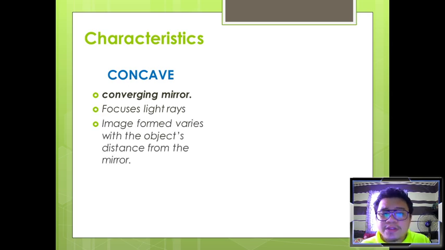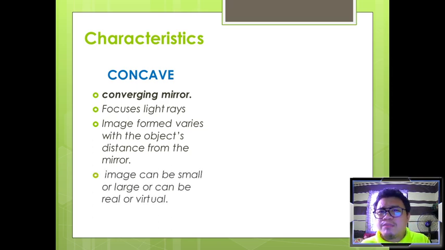Because of this, the image formed in this type of mirror varies depending on where the object is placed in front of the mirror. The image can be small or enlarged, real or virtual, upright or inverted. That's usually the characteristic of a concave mirror.